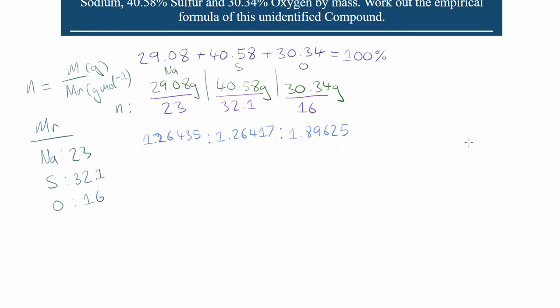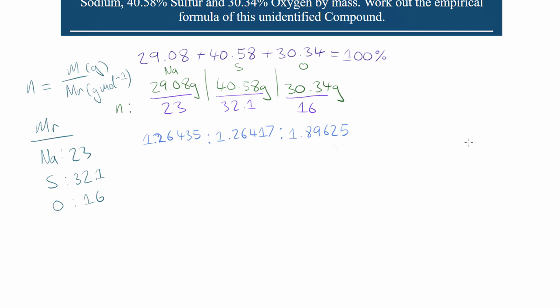We do need to try and get this to our empirical formula. We need to get this to a whole number ratio, and we need to get to the simplest whole number ratio, right? So what would be our next step? Well, one of the fastest ways to establish at least one whole number here is to divide all of them by the smallest value, right?